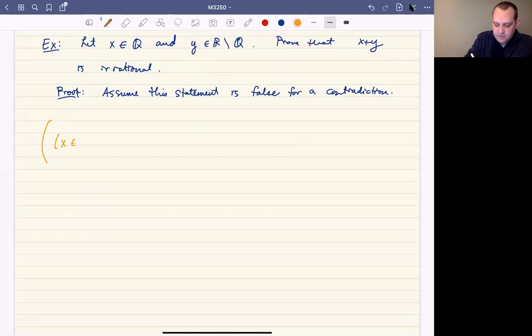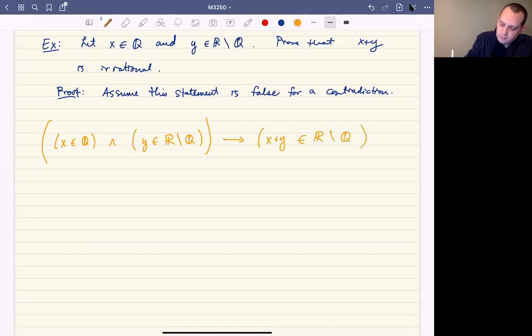The statement is that if x is rational and y is irrational, that implies that x plus y is irrational. I'm thinking of this just as a P implies Q statement, where this is our P and this is our Q. And so what does it mean for this statement to be false?